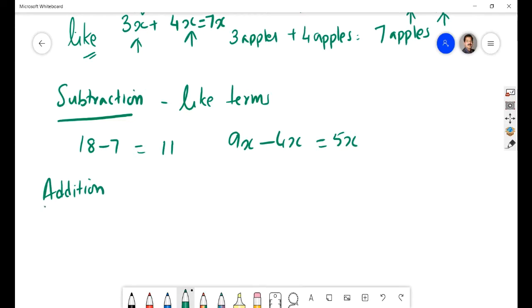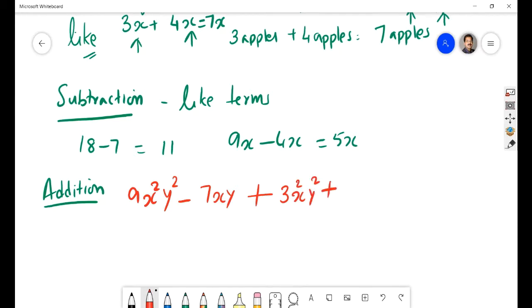Going back to addition, I'm taking this simultaneously because both have the same principle. The example here is 9x square y square minus 7xy. It is an expression of binomial nature. Two terms are there, one is 9x square y square and the other is 7xy. We are going to add this with another expression, 3x square y square plus 4xy.